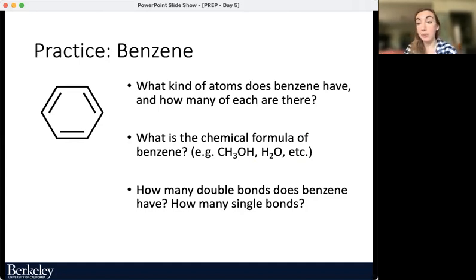So for now, for practice for yourself, you might want to start by redrawing it, but drawing all of the letters and all of the bonds. Or if you feel really comfortable not doing that, you don't have to, but that can be a good sort of trick, is to redraw it with all the bonds and then count from there. Does anybody have any questions on the rules or how to do this?